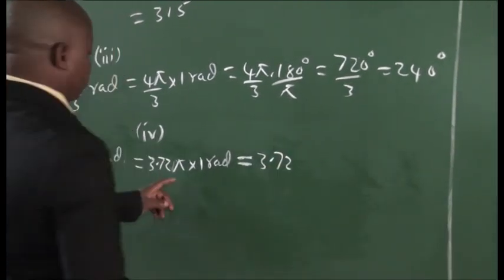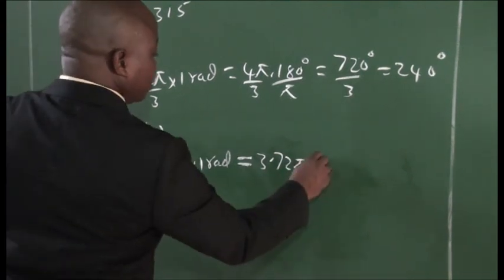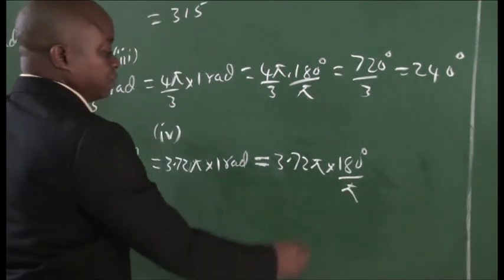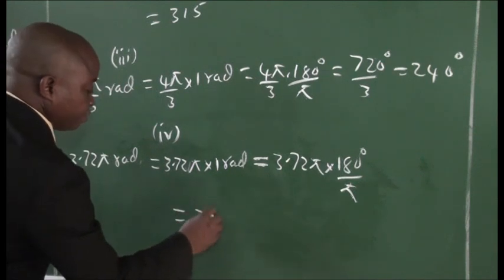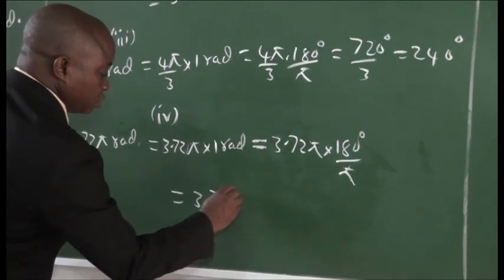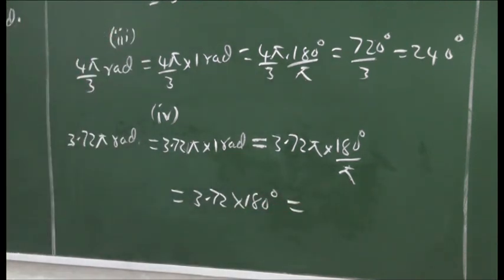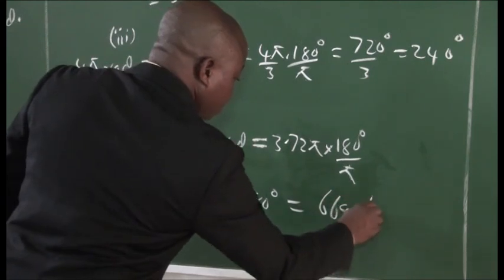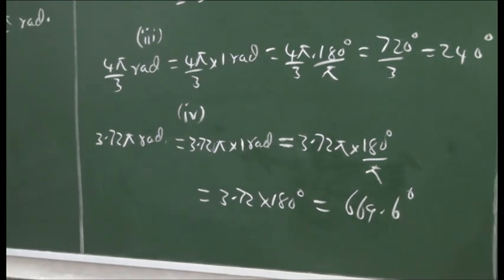Of course, 1 radian is 180 degrees over pi. So pi can cancel pi. We have 3.72 times 180 degrees. 3.72 times 180 degrees gives us 669.6 degrees. So that is how it is converted.